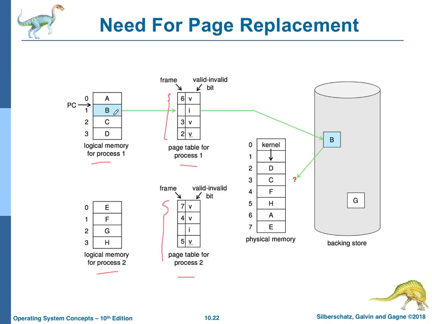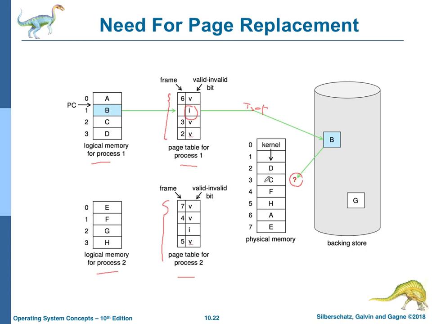Now if I need B, but that B is invalid in the process 1 table, then what will happen? A trap will be generated to the operating system, and then the operating system will allocate from the free frame list, but we don't have any page free up here. So what will happen? It will not be allocated to any location.